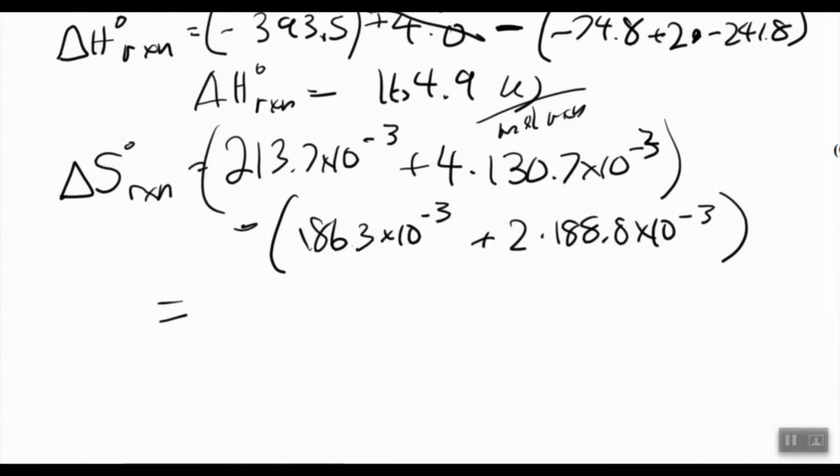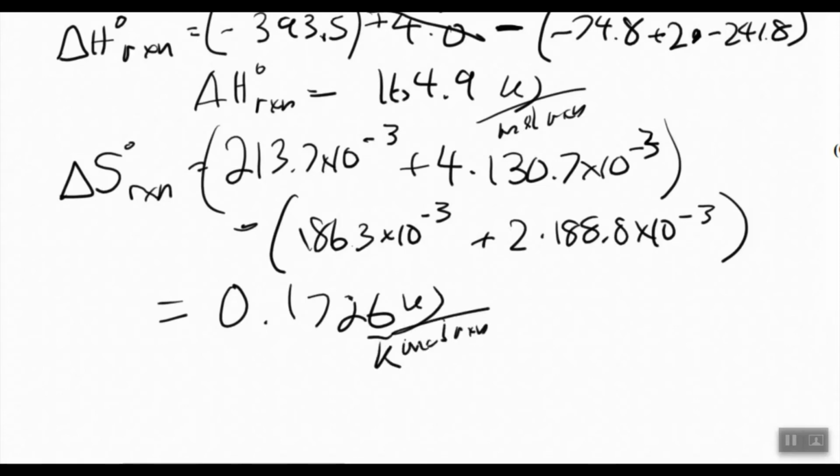And I got a pretty interesting answer. It's going to be 0.1726 kilojoules per mole of reaction, and of course we can't forget the K.